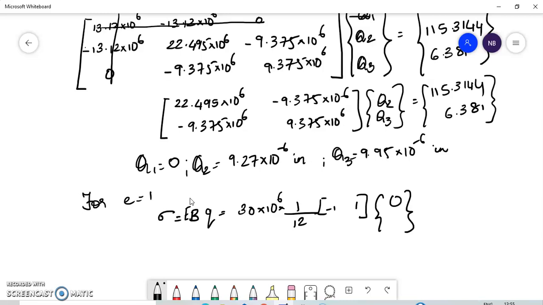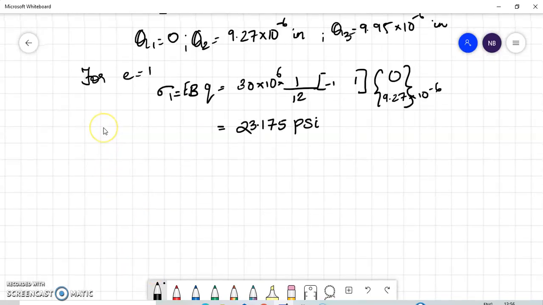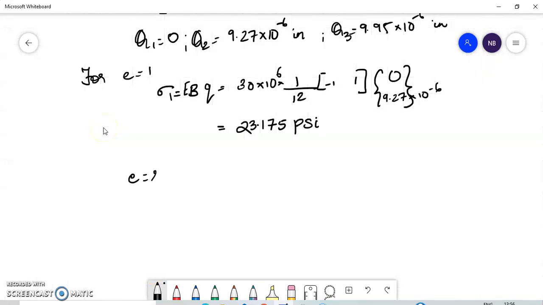So Q1 is 0, this is sigma 1, and Q2 is 9.27 into 10 to the power minus 6. So substituting all these values here, we will get the value of 23.175 psi.